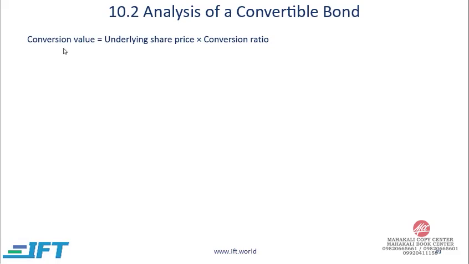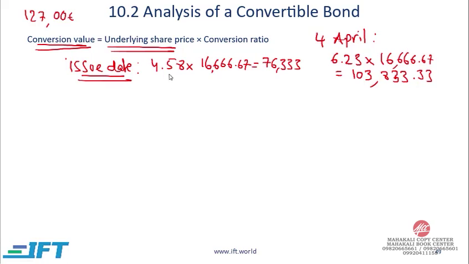Now let's do an analysis of the convertible bond. So what is the conversion value? This is the underlying share price times the conversion ratio. For the bond that we are talking about, on issue date, the share price was 4.58. So the conversion value is the price of 4.58 times the conversion ratio.